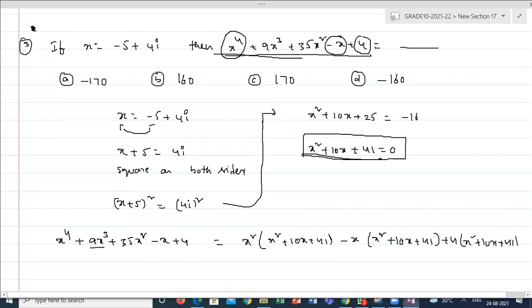Why I am not taking x cube and x square? I will let you know. If I am taking an x cube and x square, what will happen? Plus constant. If you are able to calculate this constant, that is the value of this one, because this is 0, this is also 0, and this is also 0. Is it clear, guys, what I'm saying?